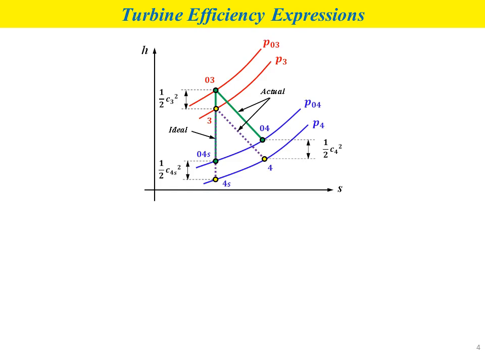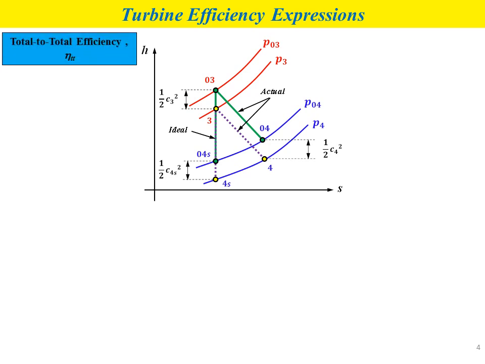Now this shows the HS diagram, which shows the expansion process in the turbine, involving the ideal process and also the actual process. We need to refer to this HS diagram because the expressions that we will discuss later involve the parameters and variables stated in this HS diagram.